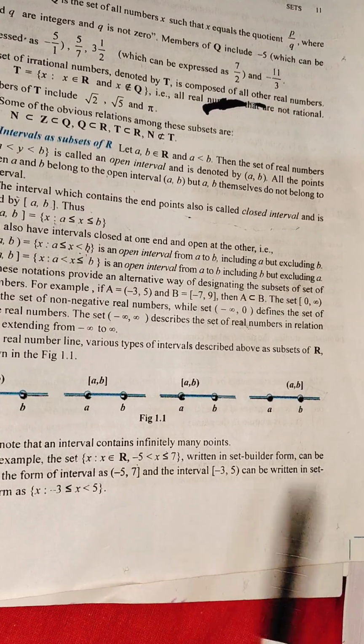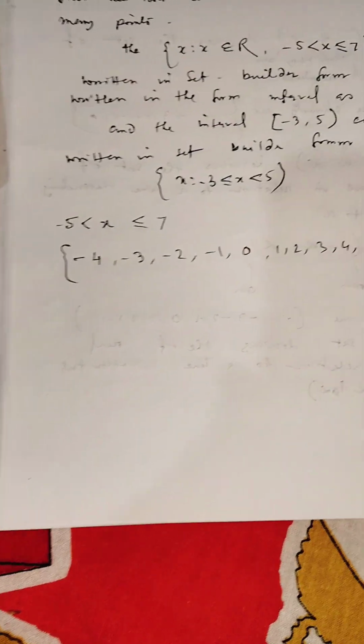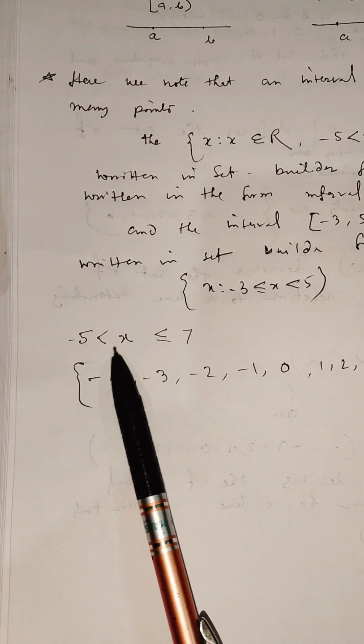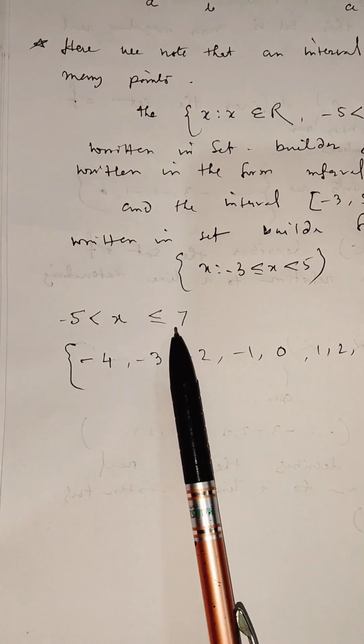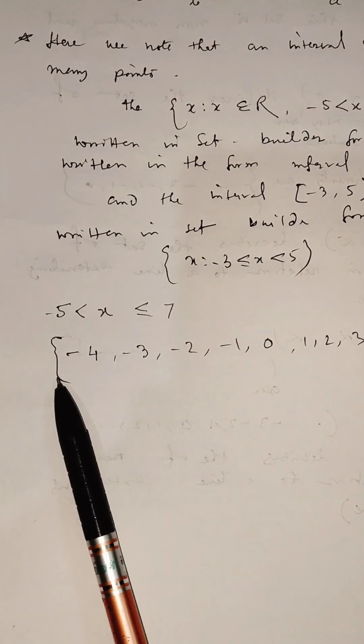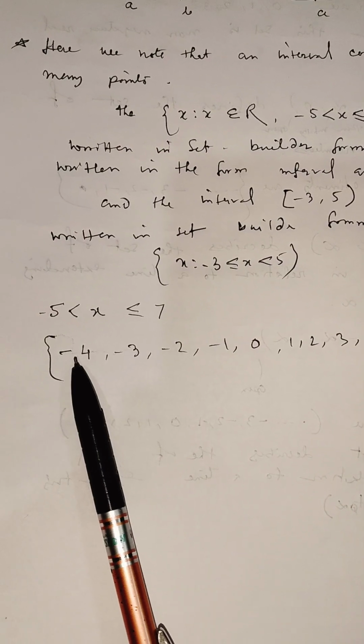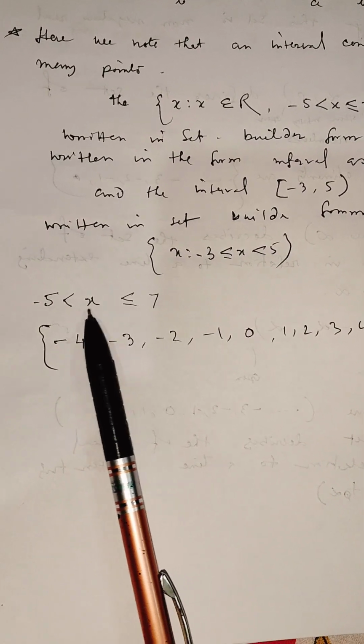Now clarify it. It means minus 5 is less than x, and x is less than or equal to 7. So it starts from minus 4, because x is greater than minus 5.